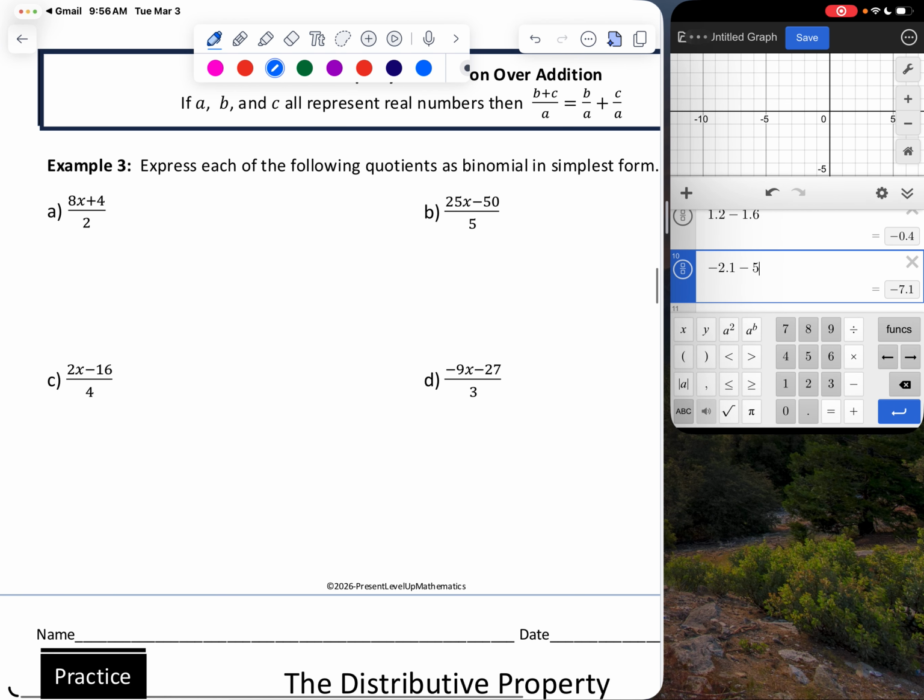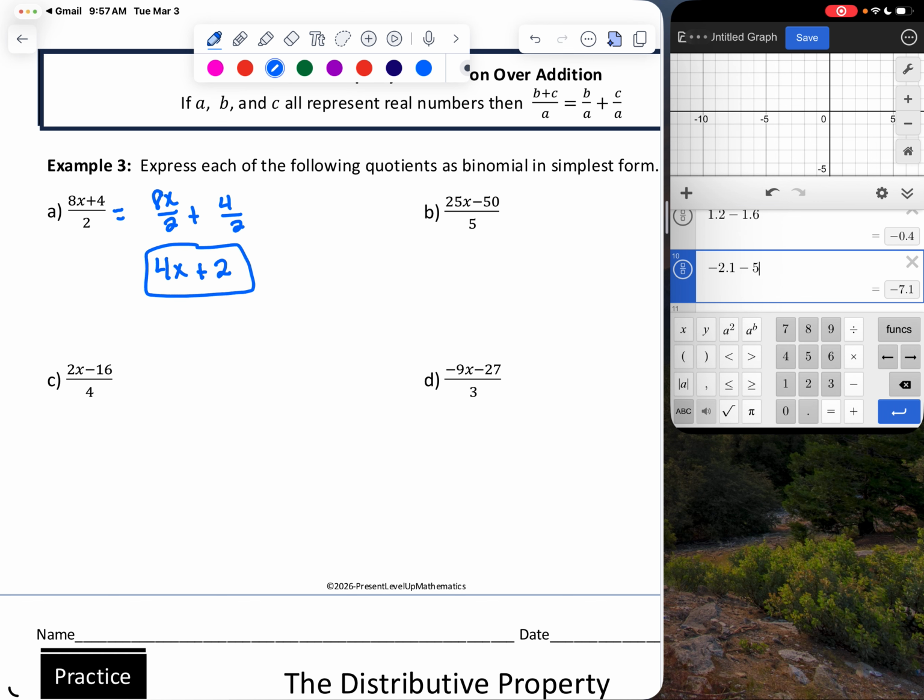Say you had in problem A, 8x plus 4 divided by 2. We could simply write that as 8x divided by 2 plus 4 divided by 2. You're simply going to divide each term by 2. So 8x divided by 2 is 4x, and 4 divided by 2 is 2.